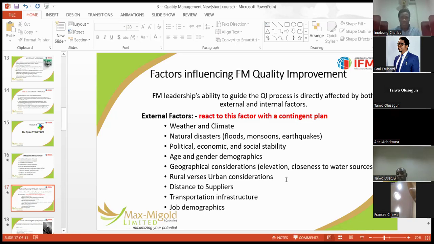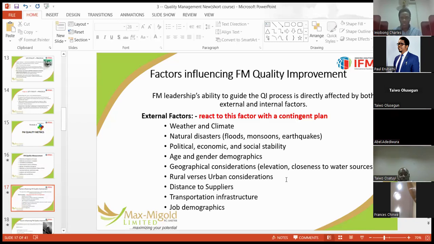Okay, external factor, weather and climate. External factor, natural disaster, flood, earthquake, political, economic, and social stability. So these are external factors that can affect your business. Political, economic, we know what happens when there's a change in policies. It affects your deliverables.